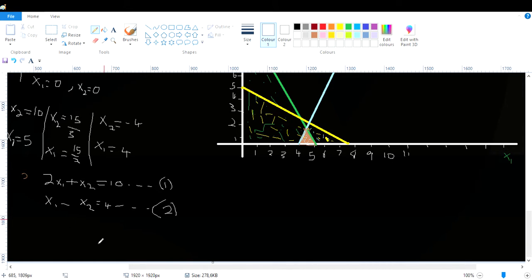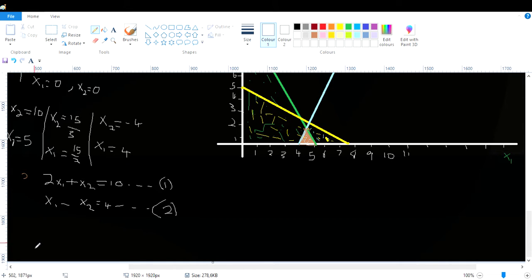So here, let's make x sub 2 the subject of the formula. Let's use equation 2.